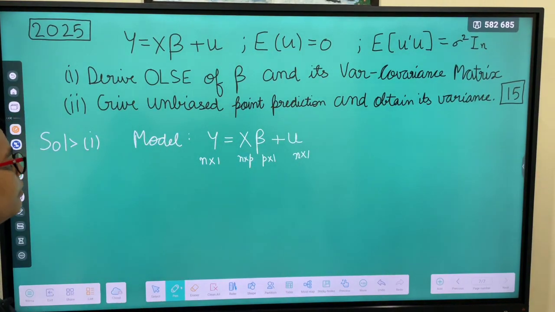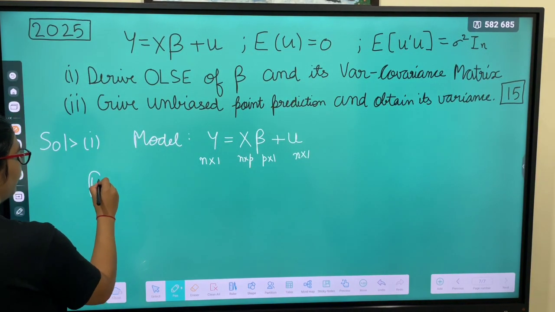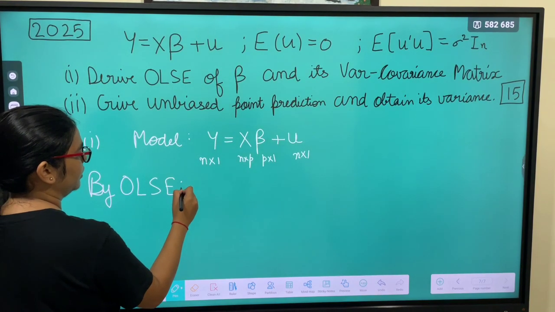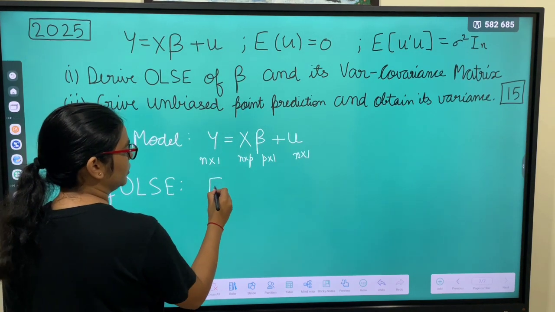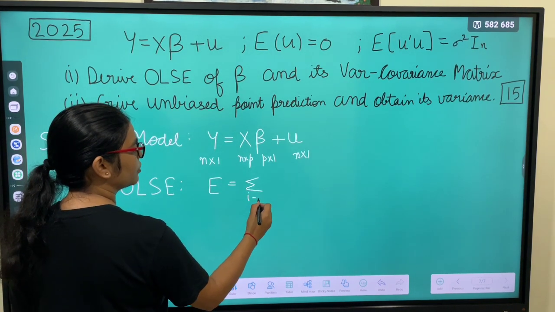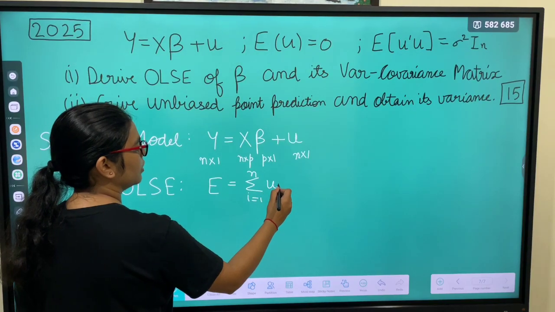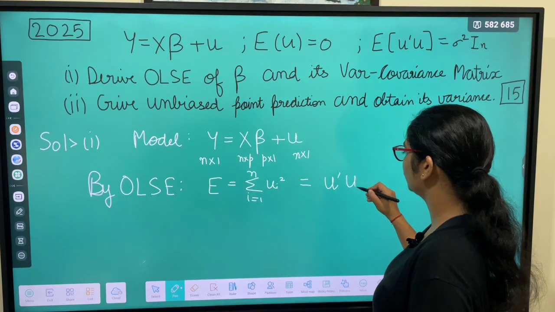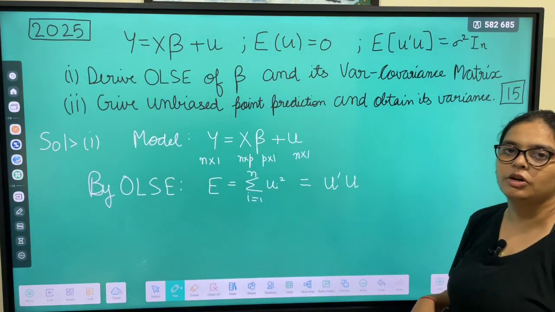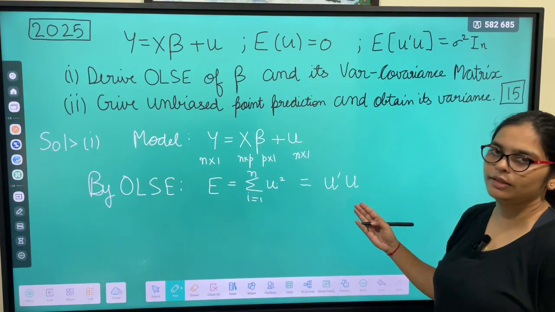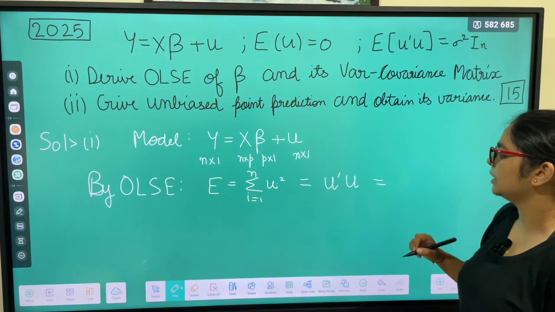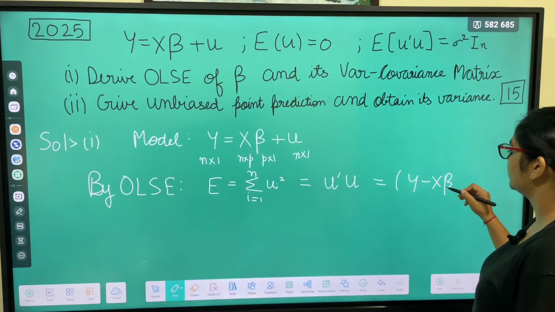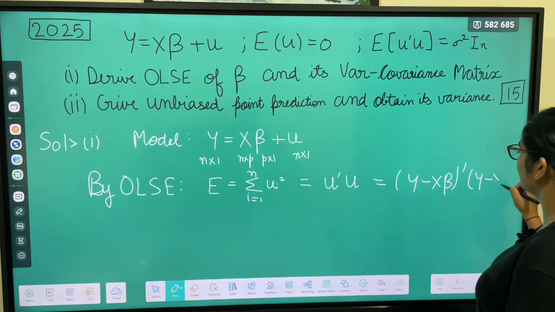As we will proceed, by the OLS, ordinary least squares estimation method, we minimize E equals the summation of i going from 1 to n of u i whole square. Now this can be written as u dash u, because we are talking about matrices, so all the i's are contained in u, which further can be written as y minus x beta dash into y minus x beta.